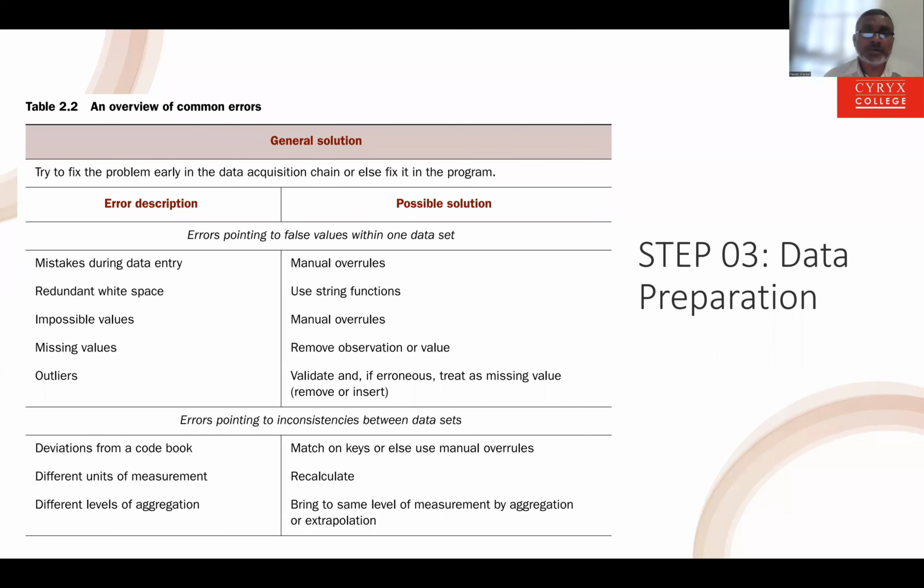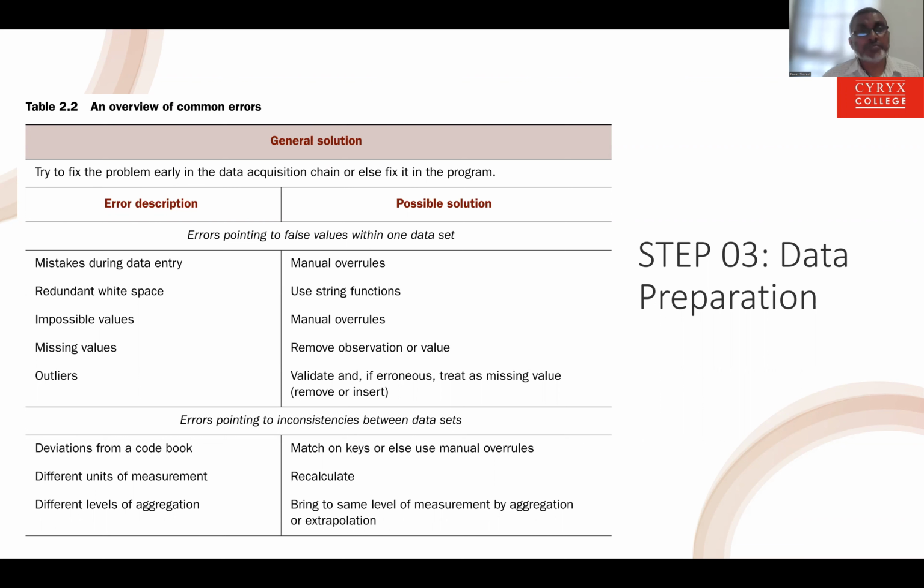If it is an error, then we have to treat that as a missing value, and then we will have to either remove or insert and so on. If there are deviations from the code book, then we have to match with the keys, either match with the actual ones, or we can manually overrule those.